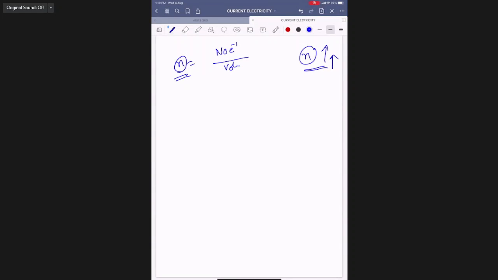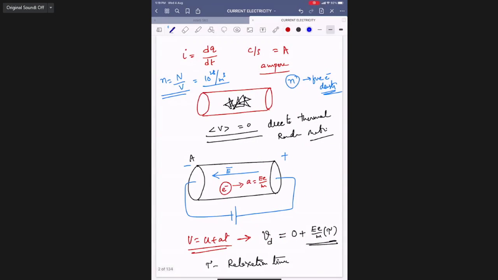Silver is one of the best conductors because silver has the highest conductivity. That means the free electron density is higher in silver compared to copper and others. Got it? Yes, sir. So we came to know that without the help of an external potential difference, charged particles cannot move from one place to another.